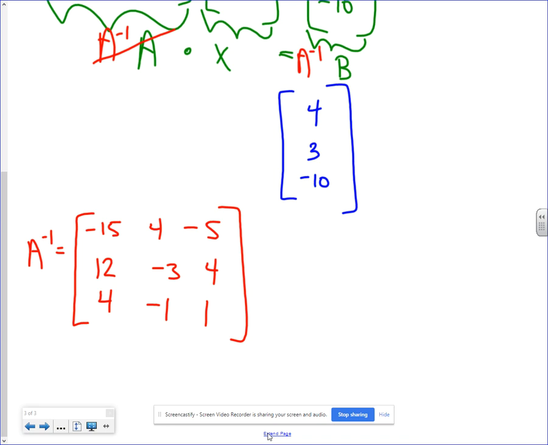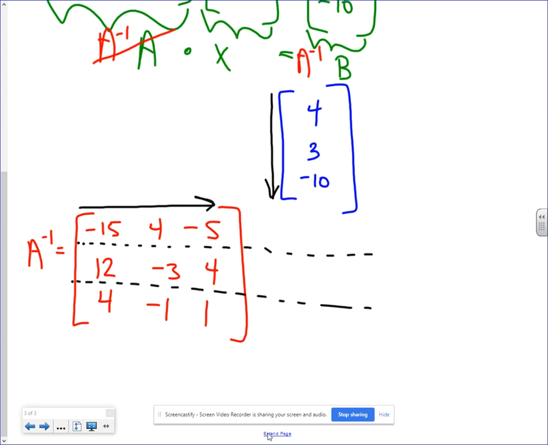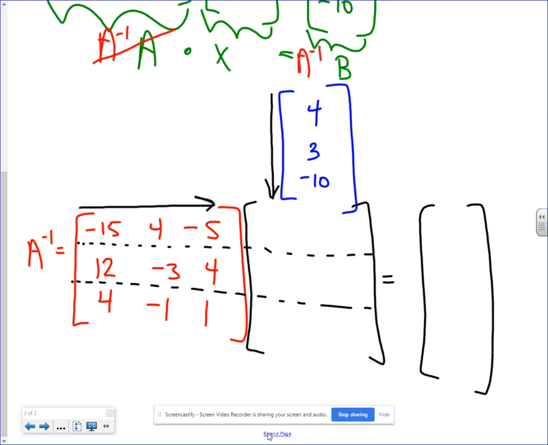So we're going to start with our first row in our first matrix and multiply by the column of my second matrix. But before that, I always like to draw my dividing lines in here to help me. So this is going to be my answer. This is what x, y, and z is going to be. So we're going to start with our first element in the row times the first element in the column.